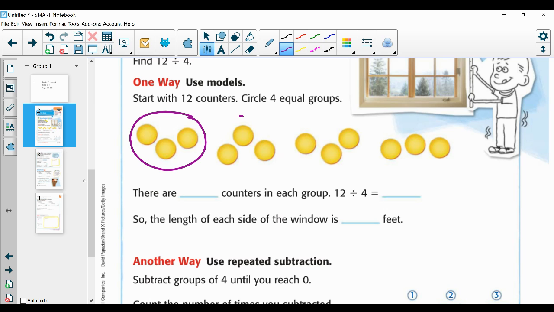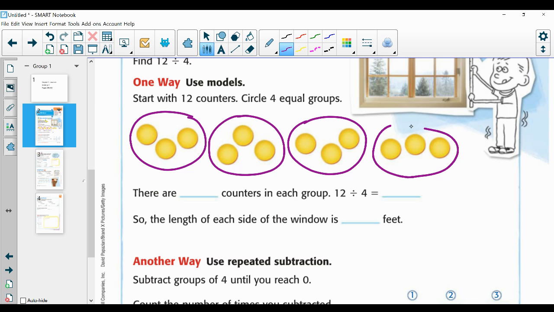So there's 1, there's 2, there's 3, there's 4. Okay, so there's 4 equal groups, so I have 3 in each group. There are 3 counters in each group, so 12 divided by 4 equals 3. So the length of each side of the window is 3 feet.